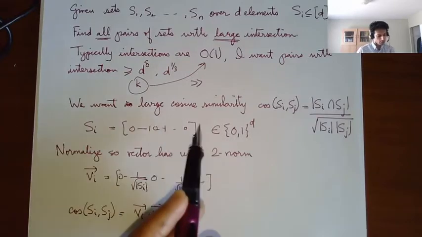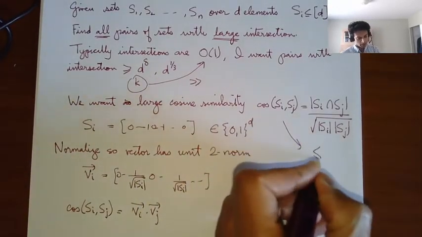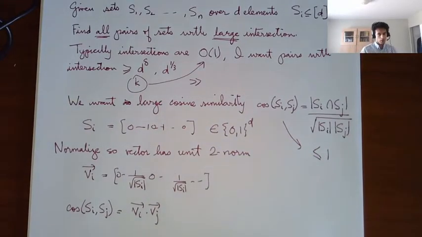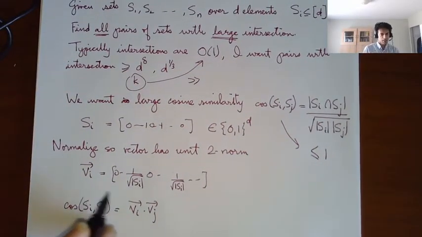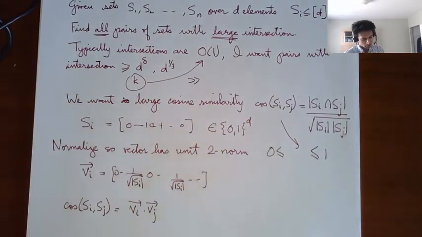The maximum value of cosine similarity is 1, so the cosine similarity is at most 1. And of course, in this case, these are all non-negative vectors, so it's basically between 0 and 1. And typically, you're trying to find all pairs whose cosine similarity is sufficiently large. So does the problem make sense?